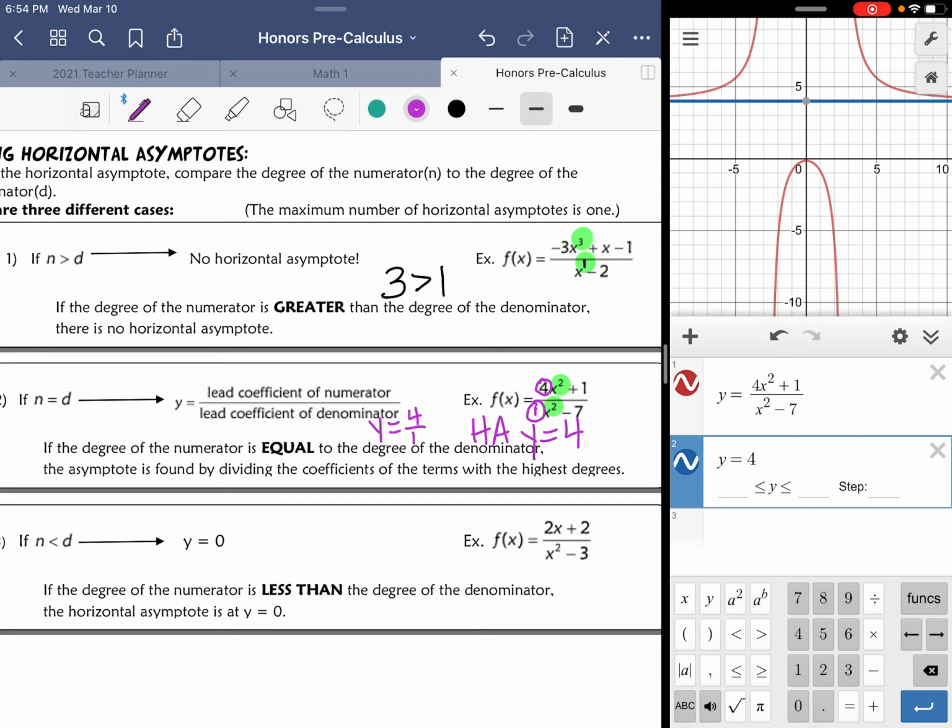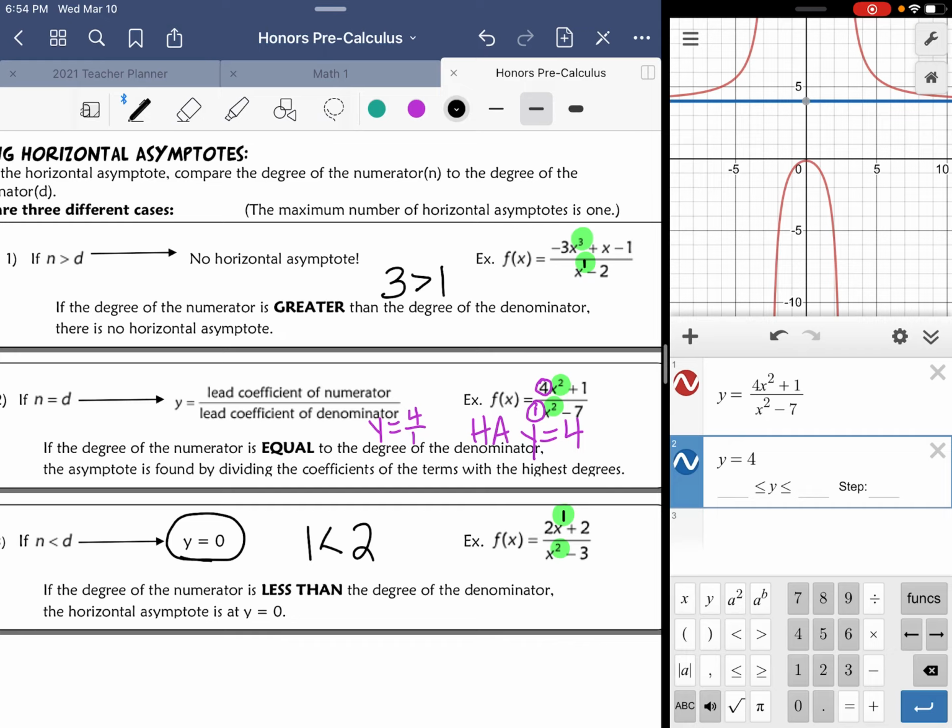Now, make sure you pay close attention to the fact that vertical asymptotes are x equals, horizontal asymptotes are y equals. And then the last one, if the degree of the numerator, which for this one is 1, is less than the degree of the denominator, which is 2, then it is automatically going to be y equals 0. So if it's greater than, there's no horizontal asymptote.